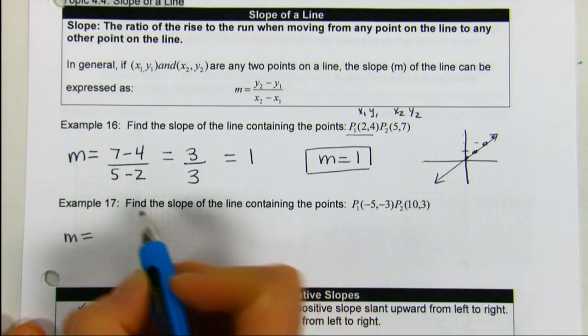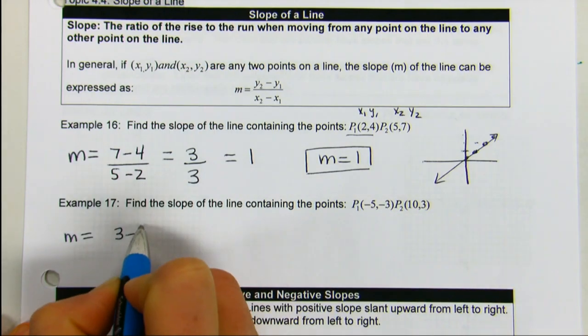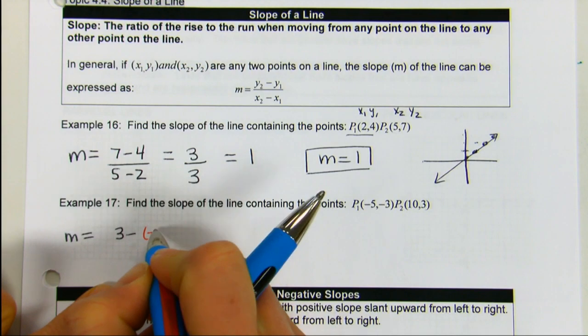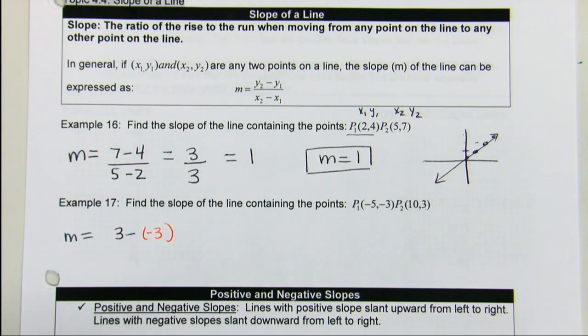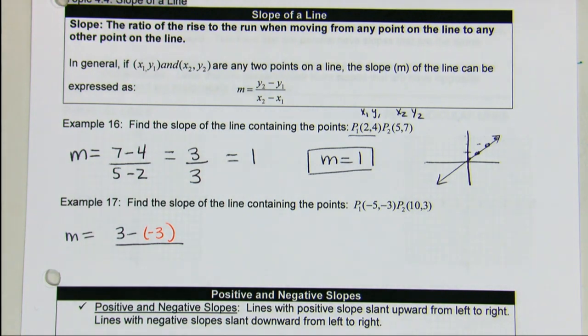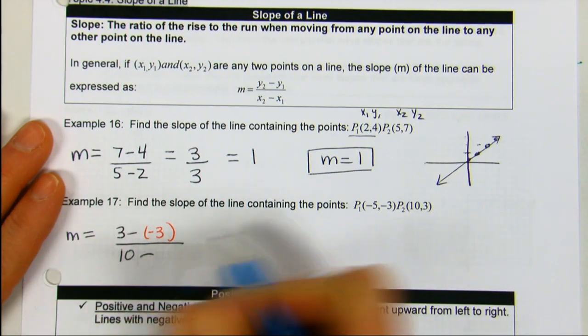Let's go and look at example 17, another one. Our second y minus our first. Be careful because our first y is also a negative, okay? So you have a double negative there that we'll have to fix. Remember that double negative rule. And then we would do our second x, 10, minus our first x.